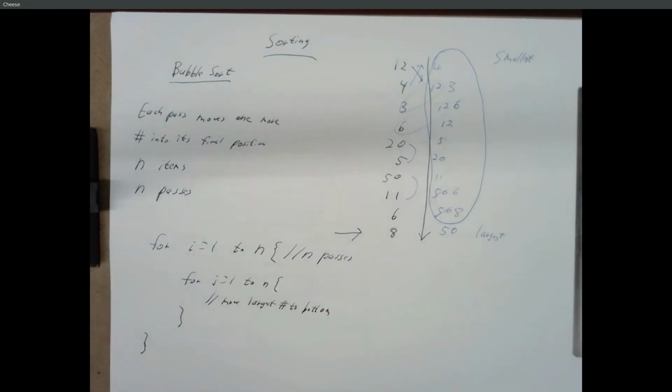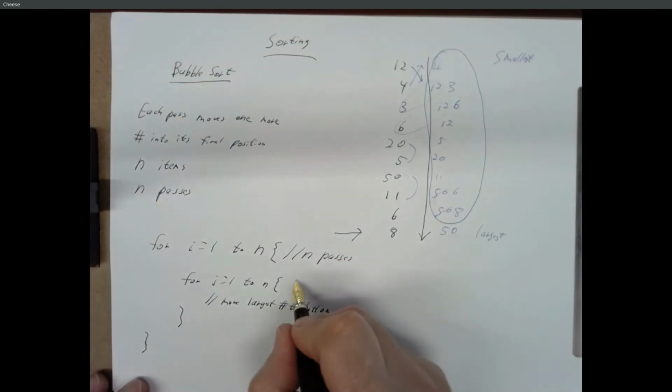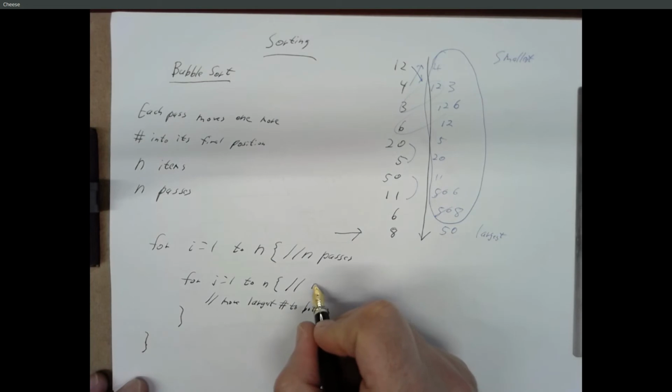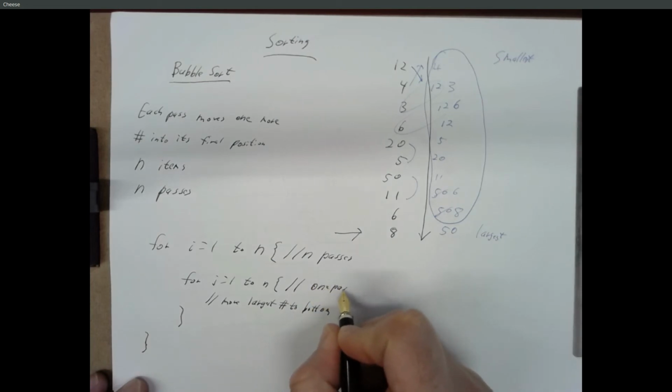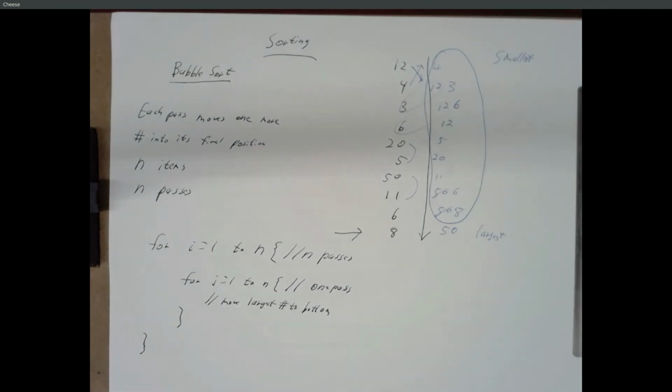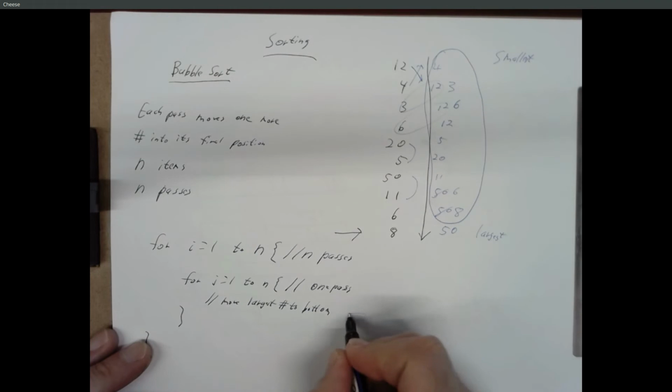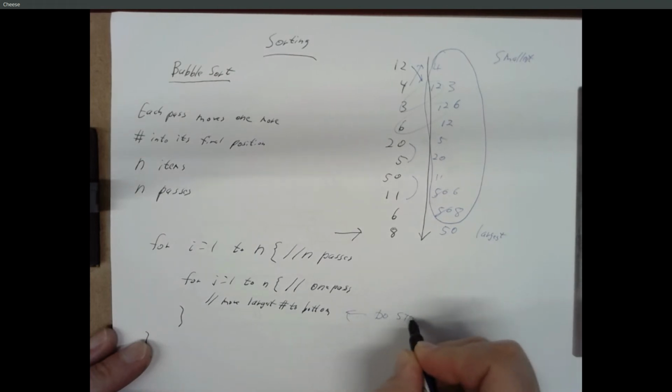So an outer loop where we're doing n passes, and an inner loop where we're doing one pass, which moves the largest number to the bottom of the list. And then inside here, we've got to do some stuff.